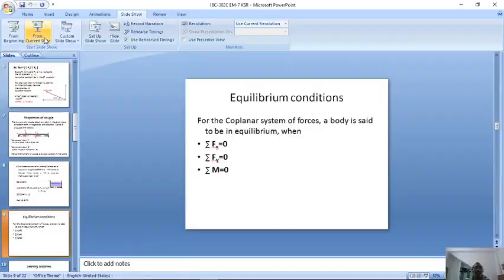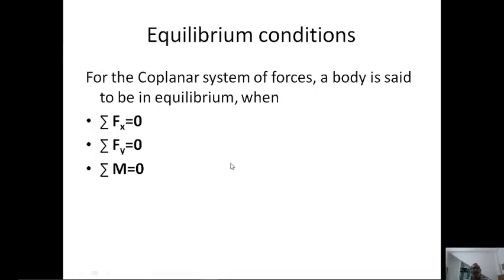Coming to the next session of today's topic, that is equilibrium conditions. We understood that in a coplanar system of forces, like it might be concurrent or it might be coplanar parallel forces, the equilibrium conditions are applicable when the system is said to be in equilibrium.